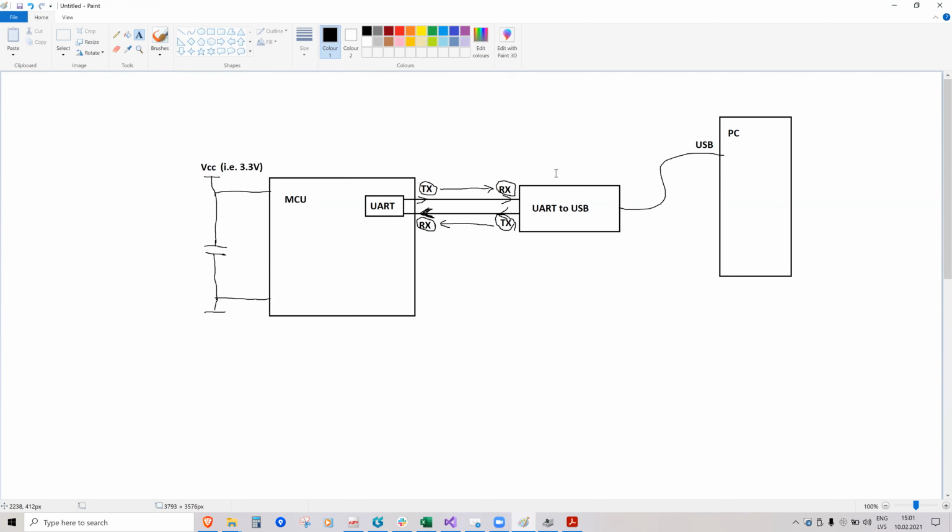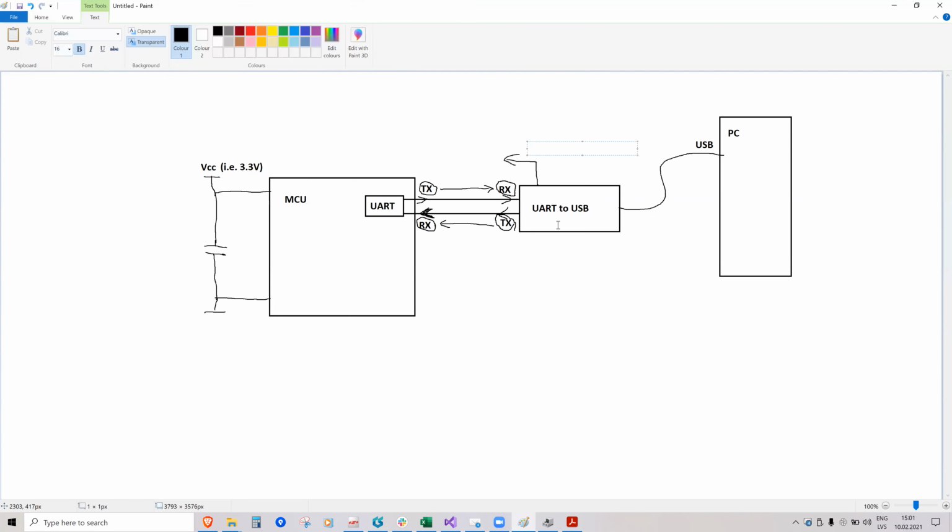These USB to UART converters oftentimes provide 5 volts out because that's the USB voltage. So you can also not use it if your microcontroller is powered by some other source through battery or from mains, but oftentimes you can actually take power from this UART to USB. The limitation is something like 500 milliamps max, and it gives out 5 volts.